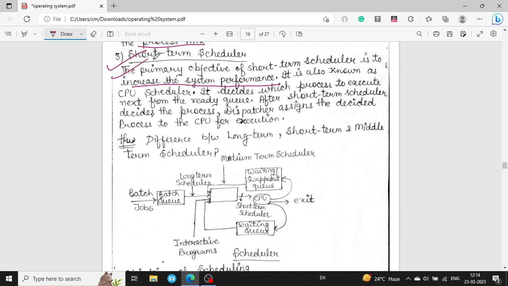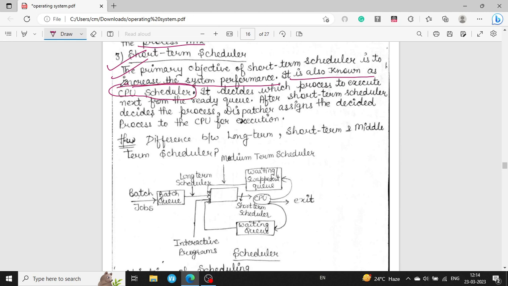While in the short-term scheduler, the main objective is to increase the system's performance. System performance means the CPU's performance. It is also known as the CPU scheduler.